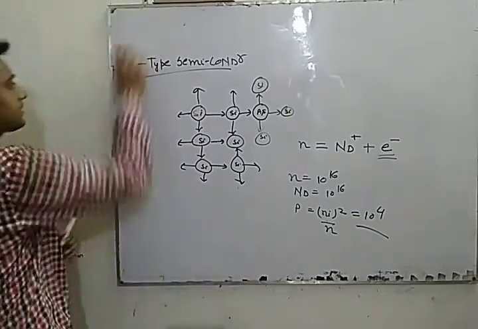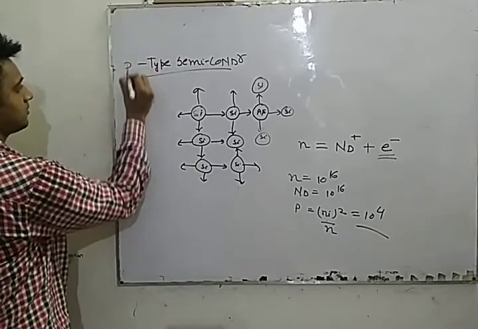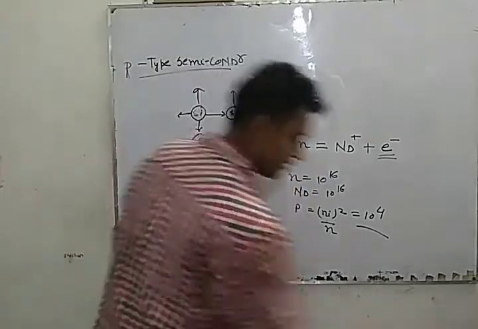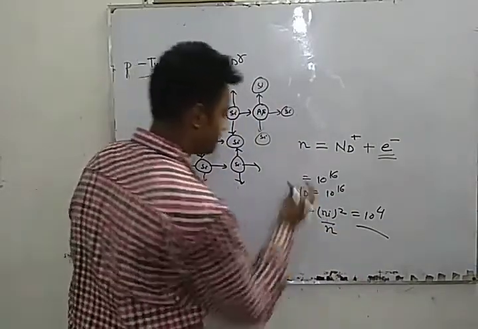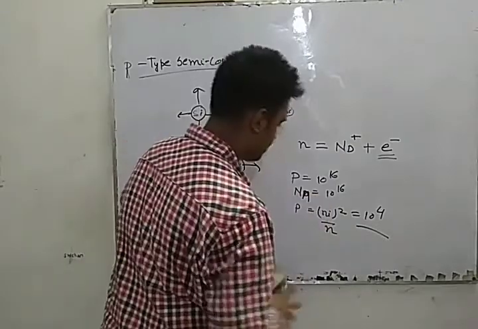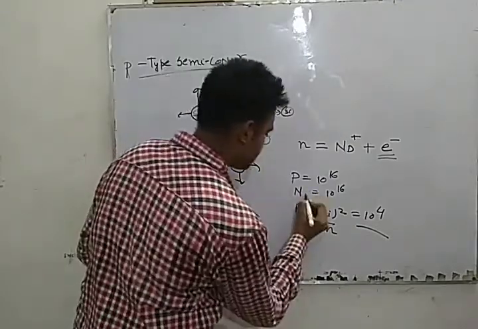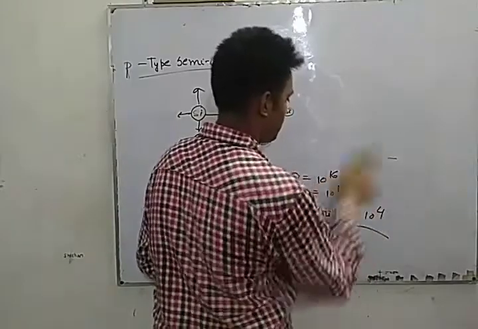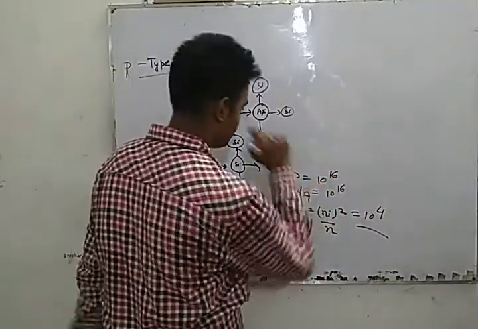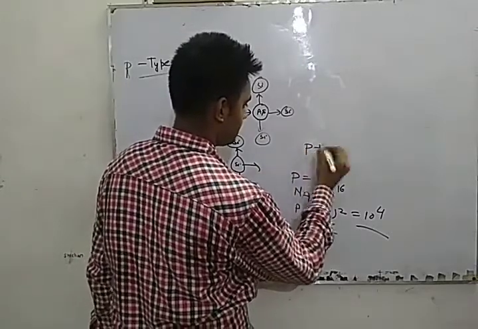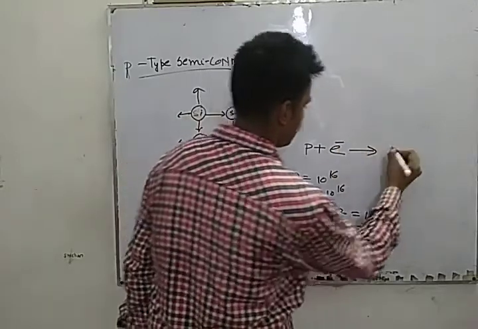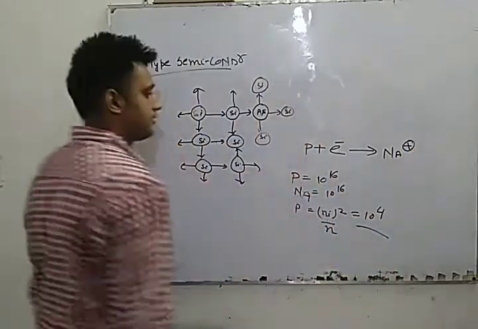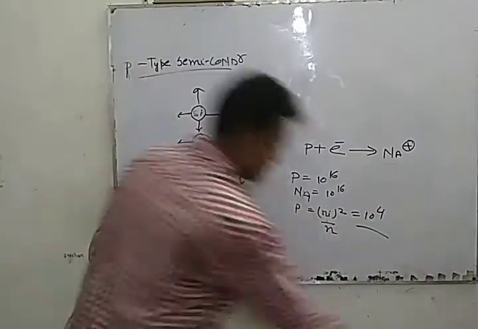And similarly, in the p-type semiconductor, here Na and P, the relation changes, that the acceptor type impurities.